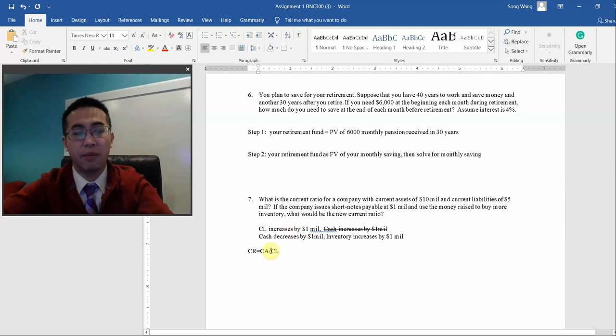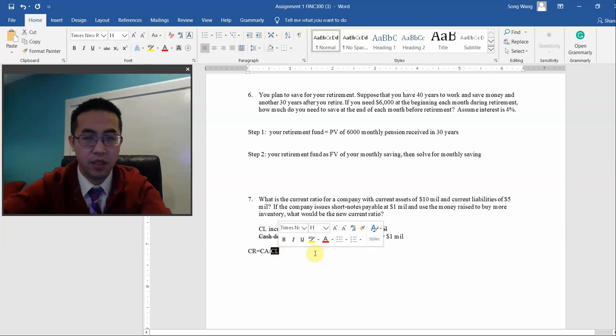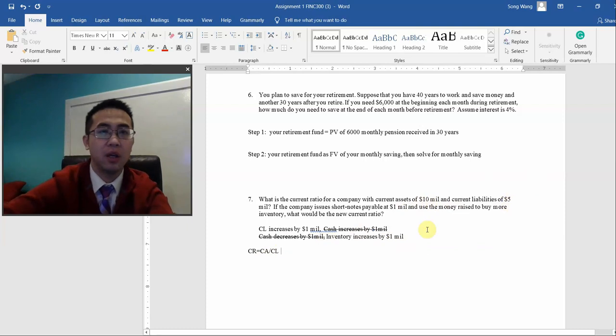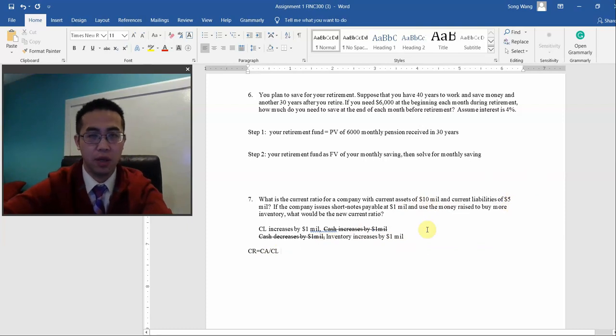Only the current liabilities increase, and the inventory part of total current assets increases. So both numbers, current assets and current liabilities, will be increased by 1. You need to use these two numbers to calculate the new current ratio.